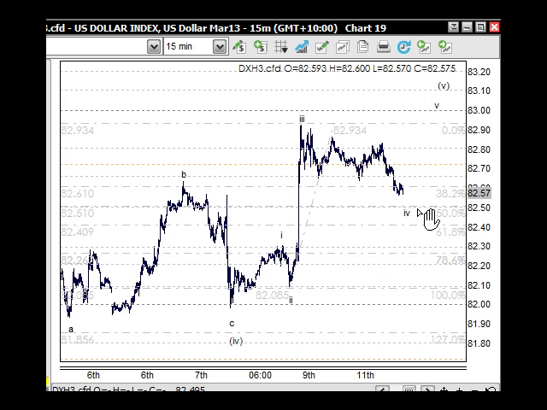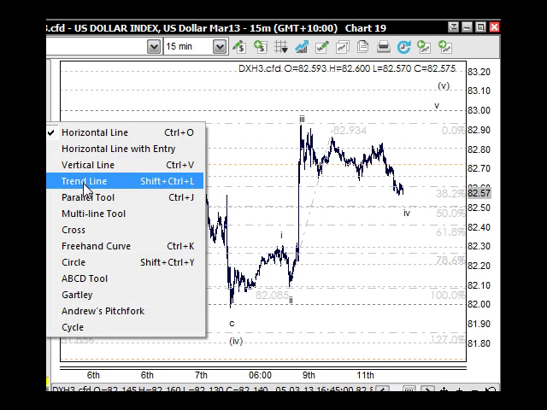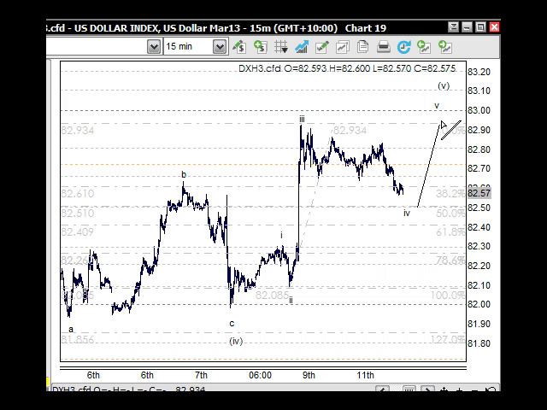If the 8250 becomes the retested resistance through here, then we would have to look at this as being the fifth wave in here somewhere, and a fourth wave in here or something like that, because that 8250 as retested resistance would put a bearish bias on this market. But as it stands, we need to consider that there's one more push to here, then a larger correction from that.